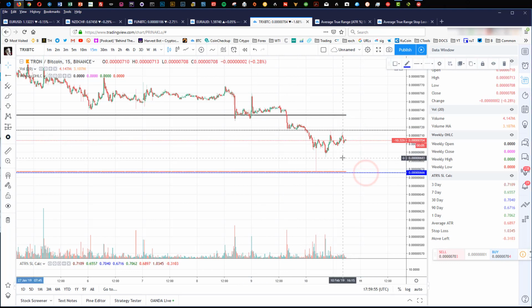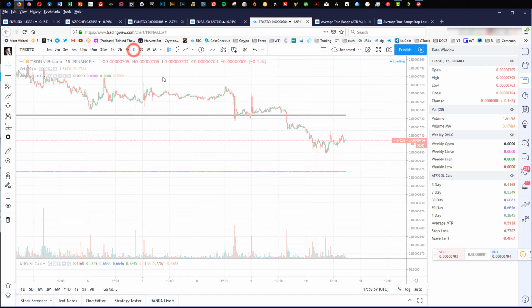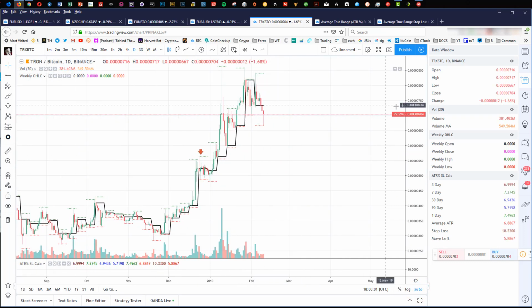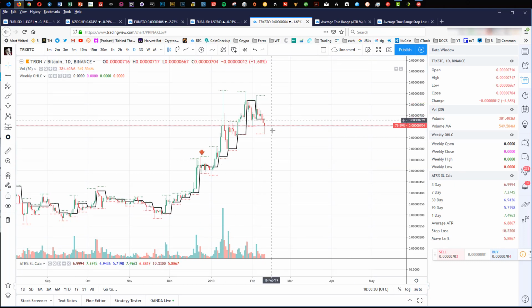So let's go back to the daily time frame. And let's do auto. And let's say that, okay, we looked at the 15-minute. We see this strong rejection. And we think that this is a good trade. So we're going to go to the previous candle, and the previous candle says that the ATR is 6.2 and the recommended stop loss is 9.39.